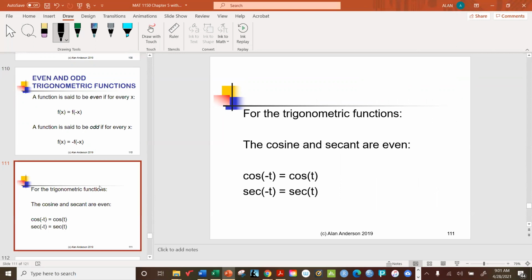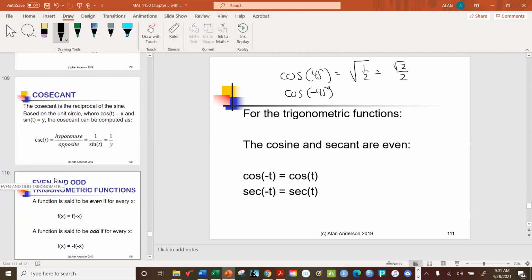So, for example, suppose that we have the cosine of 45. Remember this one very well. Now remember, negative 45 degrees is the same thing.